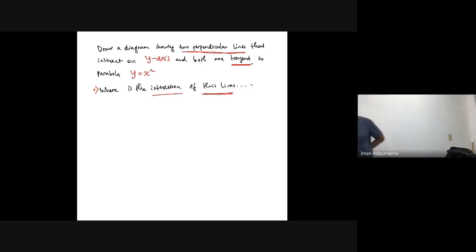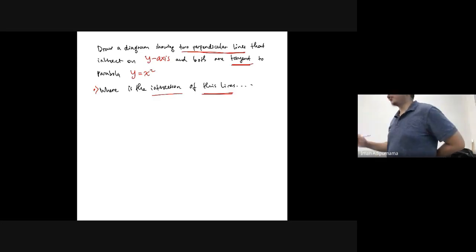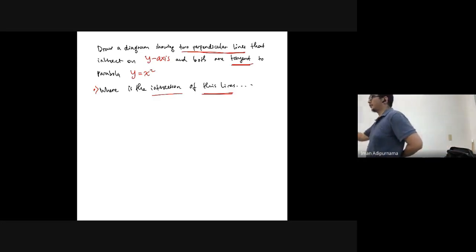The idea is you first draw the x squared. Imagine there are two lines tangent to the x squared, and the lines cross each other, making an intersection, like an x.